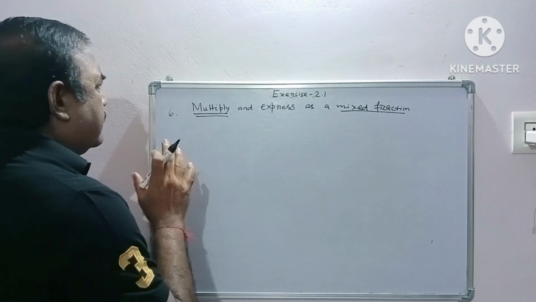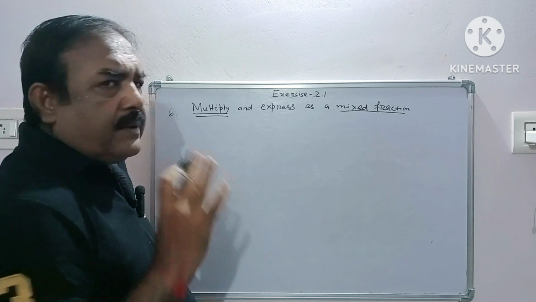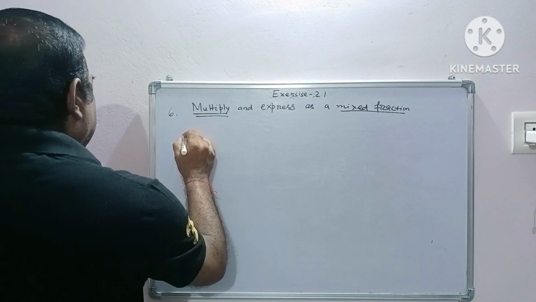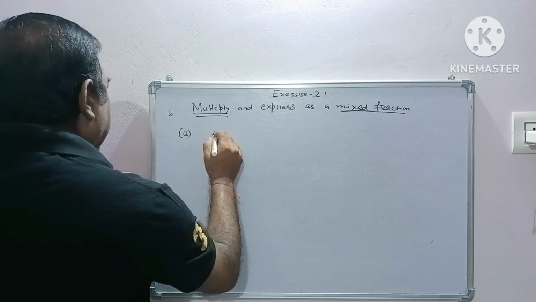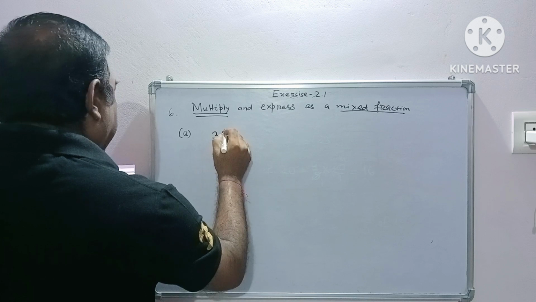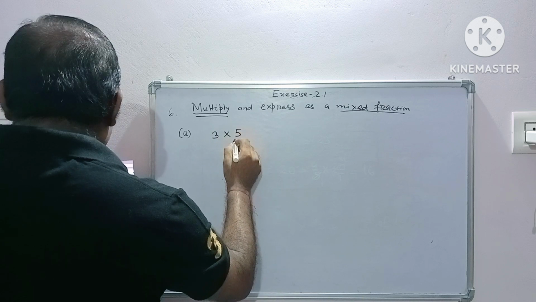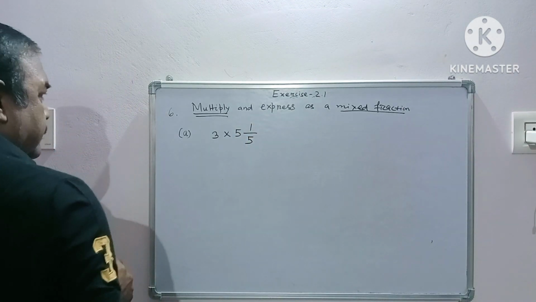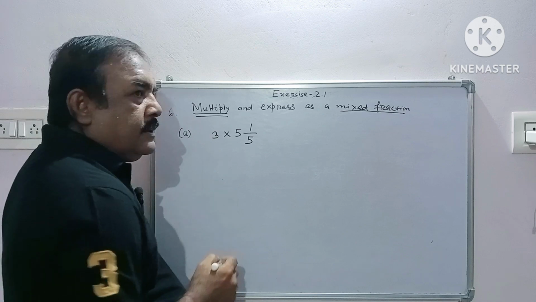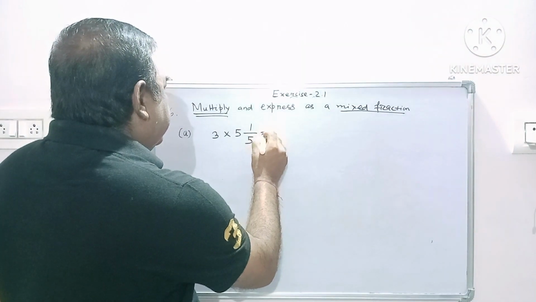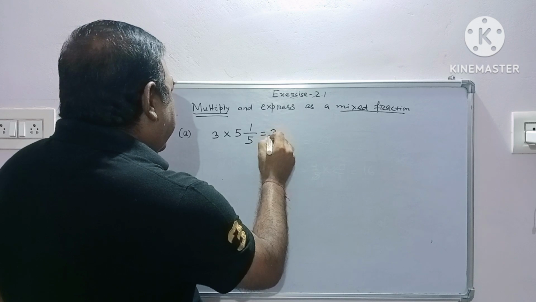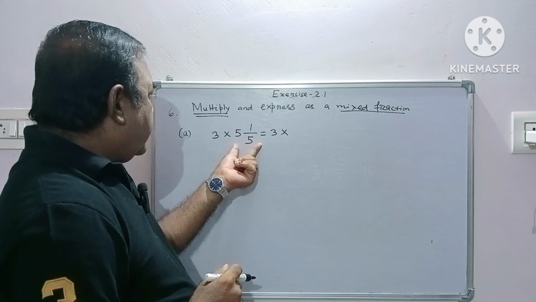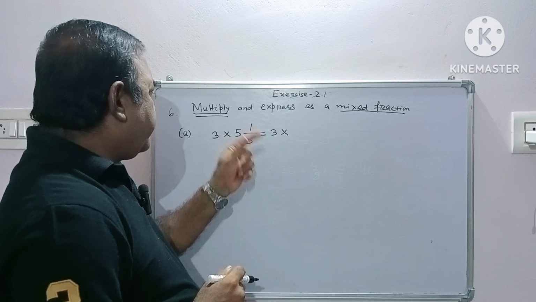Then that product must have been the improper fraction. So you see, first I do it. How you follow me? 3 into 5 whole number and 1 upon 5. So you see that is equal to 3 into... you just convert this mixed fraction into improper fraction.